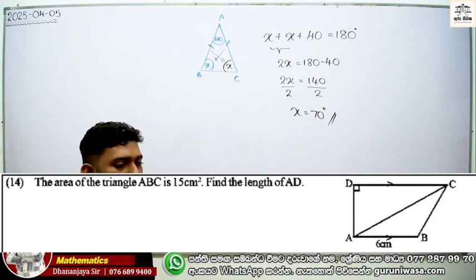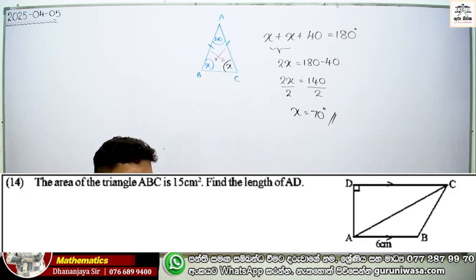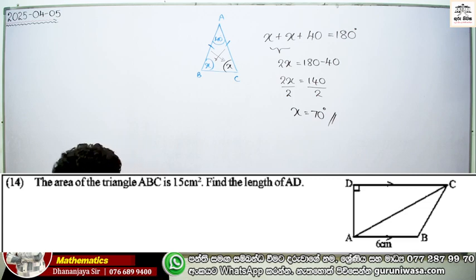Question number 14. The area of triangle ABC equals 15 cm squared. Find AD. You know how to find the area: half into base into height.